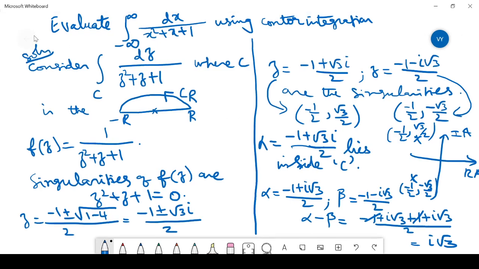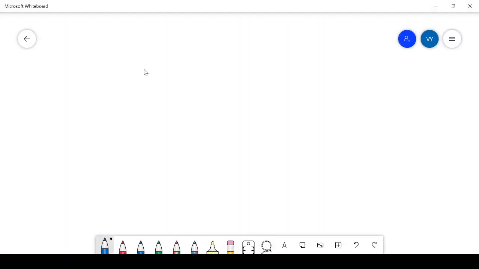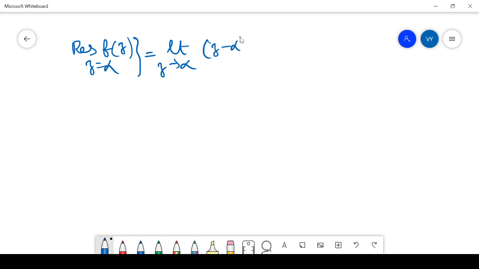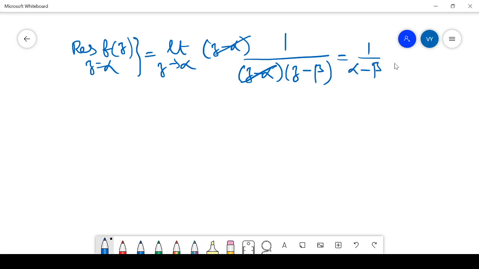This is a simple pole, so residue of f of z at z equal to alpha is the limit as z tends to alpha of z minus alpha into 1 divided by z minus alpha into z minus beta. z minus alpha gets cancelled here, so this gives you 1 by alpha minus beta.